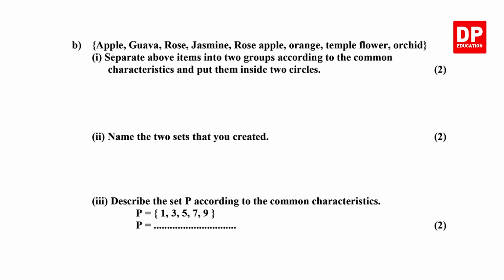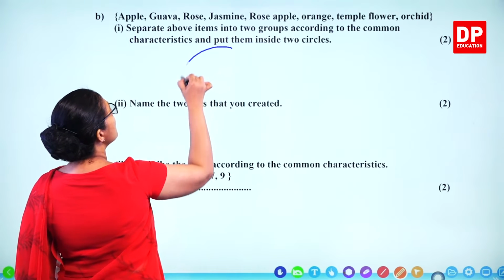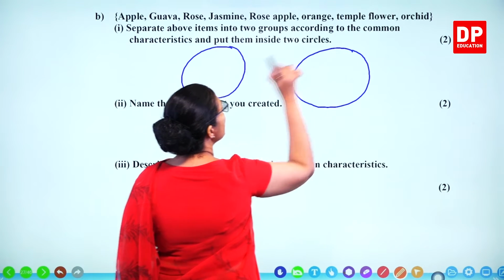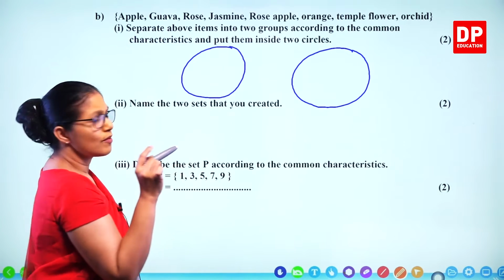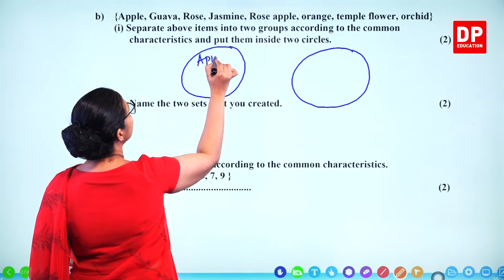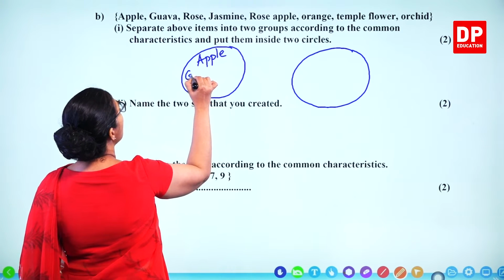Apple, guava, rose, jasmine, rose apple, orange, temple flower and orchid. Separate above items into 2 groups according to the common characteristics and put them inside 2 circles. So we'll take 2 circles and see. So we can see 2 things. We'll put apple, guava.